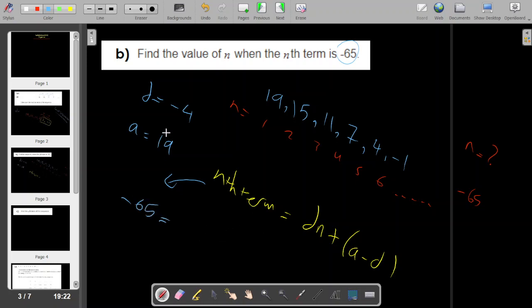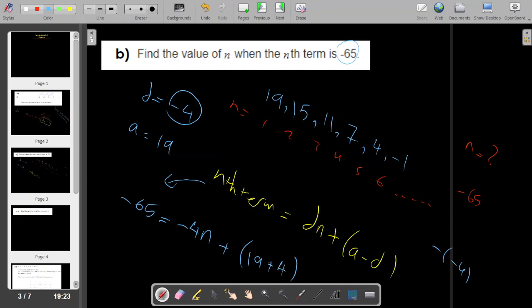D multiplied by n. D is equal to minus 4, so it's gonna be minus 4n plus, and after that you're gonna have A minus D, and we have A as 19 and we have D as minus 4. So it's gonna be minus minus 4, okay, so it's gonna be plus 4.